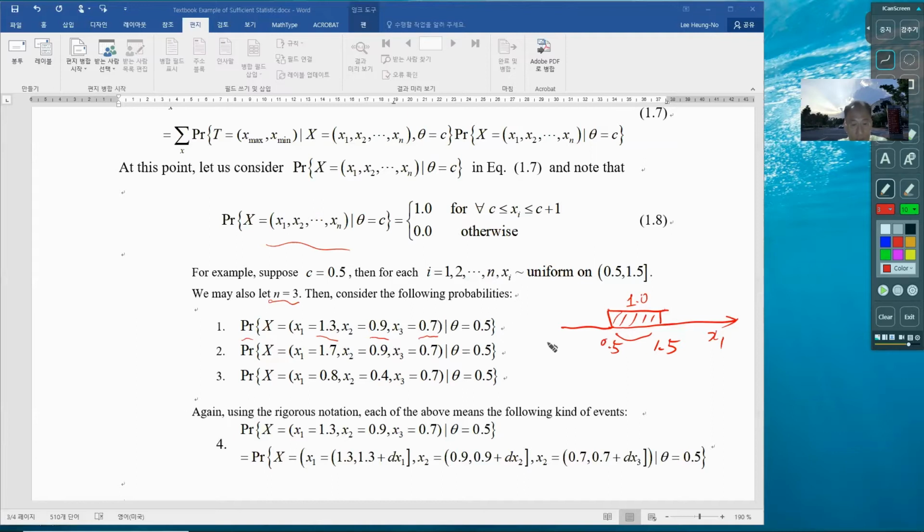Basically, is it non-zero or 0? As we can see, this one is within the interval, this one is within the interval, all 3 are within the interval. So this is not equal to 0. What about this one? Aha, this one is outside the interval. So this should be equal to 0. How about this one? 0.8, 0.4, 0.7. Aha, this one is outside the interval. So this should be equal to 0.